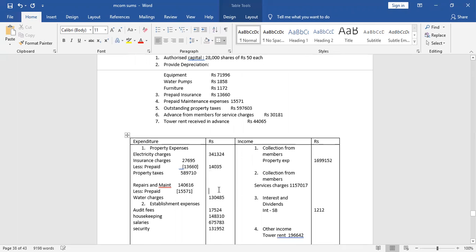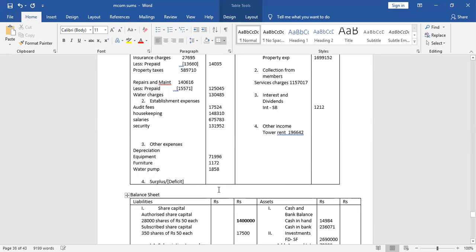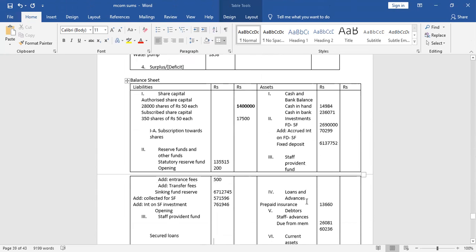After minusing this, what will you get? You will get 125,045. And the second effect we will give in loans and advances. Prepaid maintenance. What is the amount? The amount is 15,571.